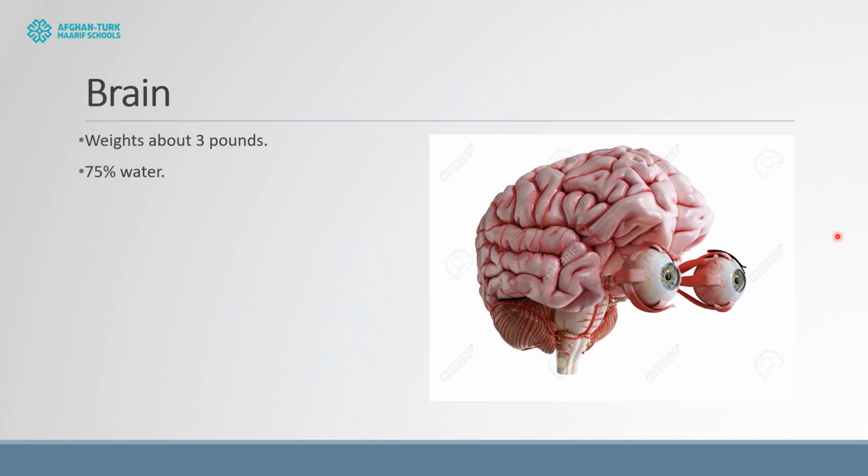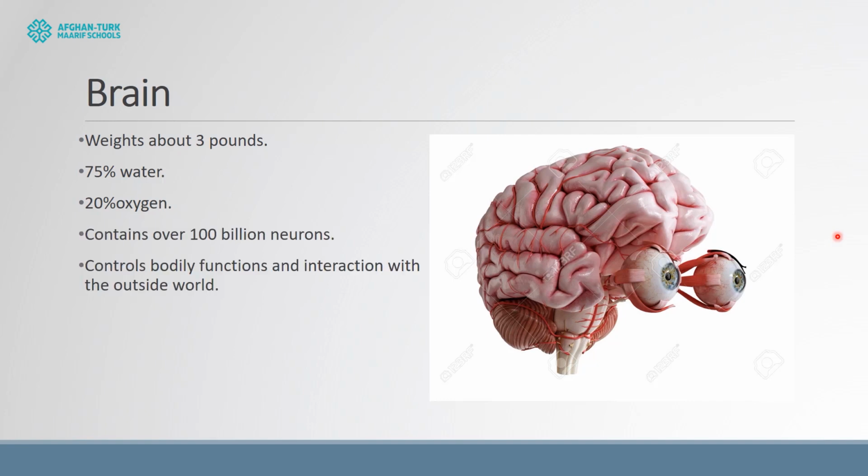The other thing is the brain. It weighs about 3 pounds or 1.4 kilograms. 75% of the brain is made of water, 20% is made of oxygen, and it contains more than 100 billion neurons.